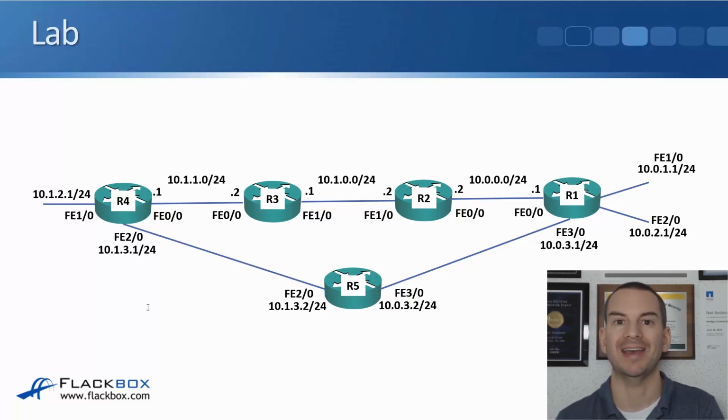So we want to set a higher reference bandwidth so that those newer, faster Ethernet interfaces like Gigabit and 10 Gigabit Ethernet will be preferred over the slower Fast Ethernet. To do that, it's going to be the same config on all the routers. You want to configure this on all the routers in your network, or you can get unexpected results. You need them to all have the same consistent reference bandwidth.